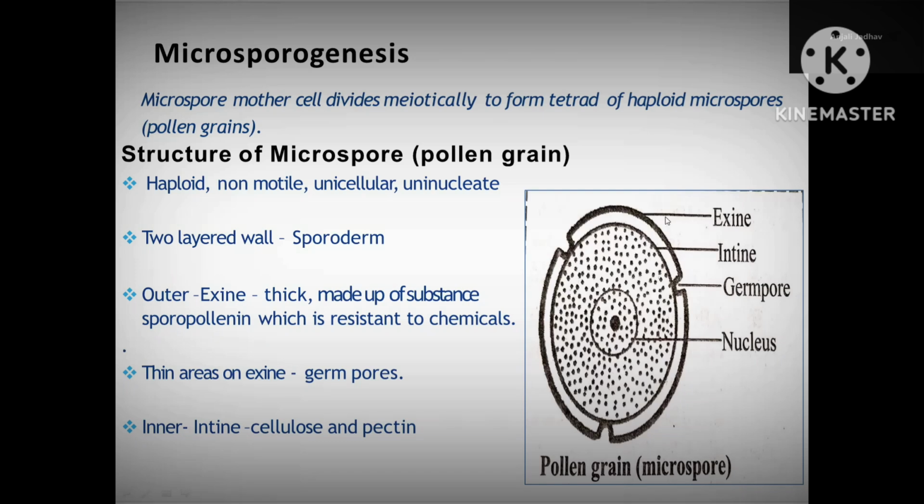Exine, which is thick, is made up of the substance sporopollenin. Intine is thin and made up of the substances cellulose and pectin. Thin areas on exine are known as germ pores.